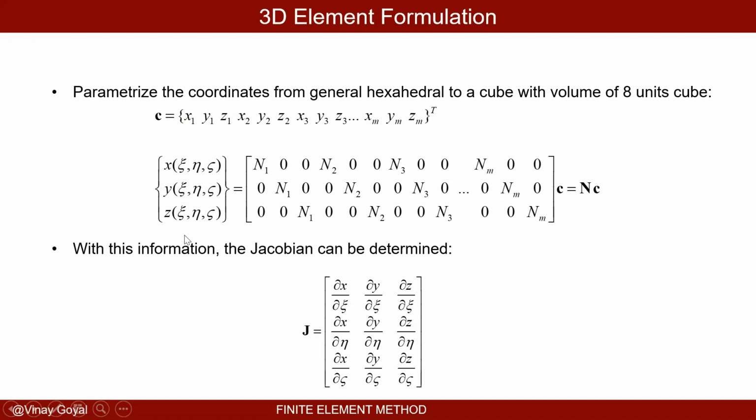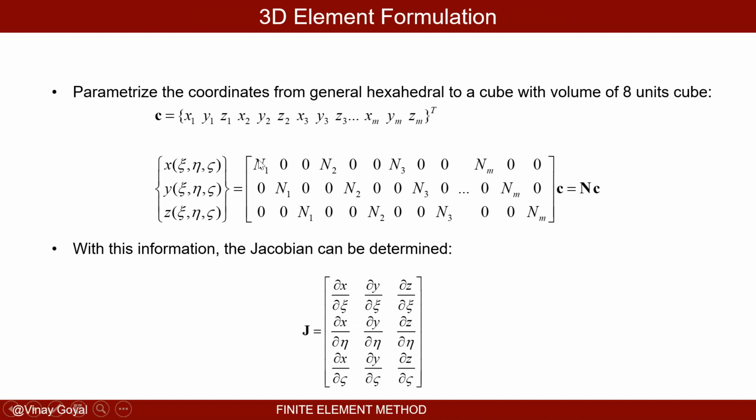So x, y, and z here depend on psi, eta, and zeta. We're trying to find a way of relating the coordinates x, y, and z in the global system to the natural system. So I plug in the natural coordinates, from -1 to 1, whatever I want within that cube, and it returns for me the coordinates in the global system. So it's a mapping, right?